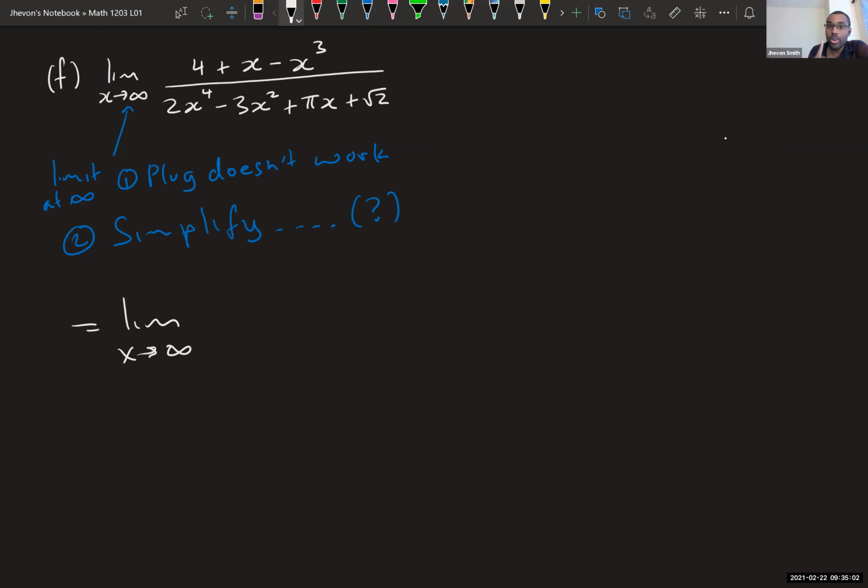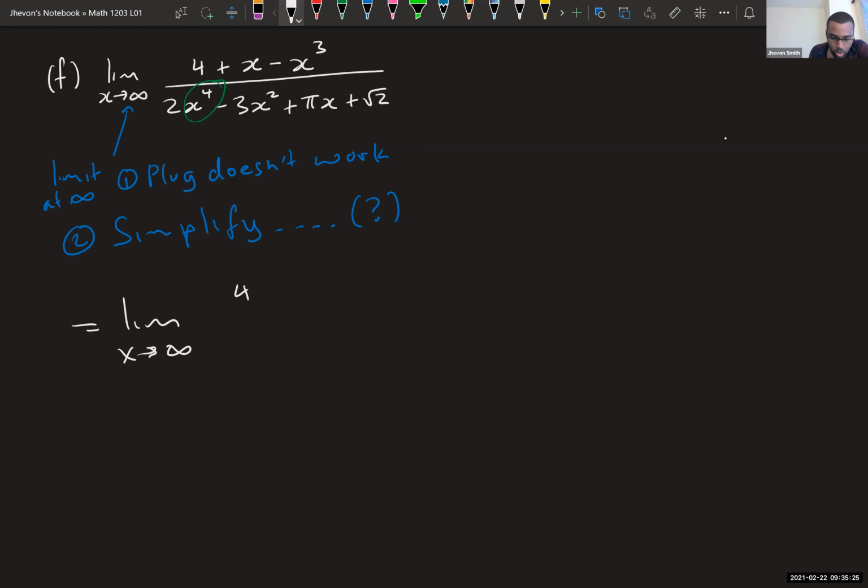Here's how we can do this. I am going to divide each term by the largest power of x in the denominator. And it's always going to be the denominator. So I identify the largest power in the denominator. Notice that that is x to the fourth. And I'm going to divide everyone by x to the fourth.